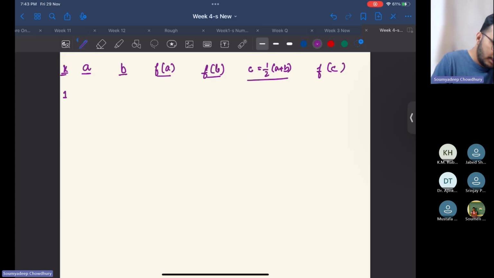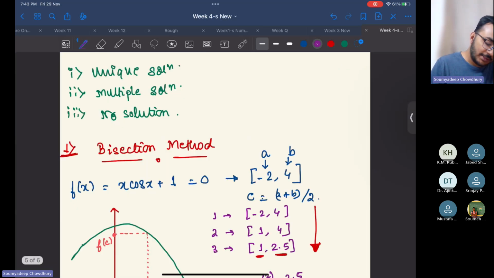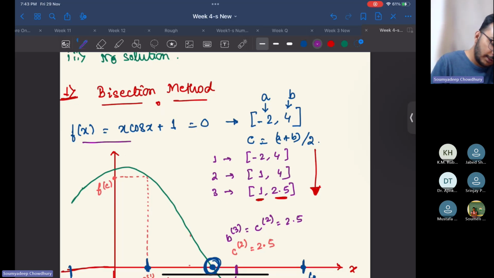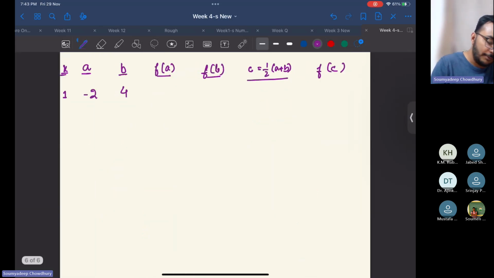So in the first iteration, your A is -2, B is 4. Your function is x cos x plus 1 equals 0, right? So you have to substitute x as -2 and 4, and find f of A and f of B. So f of A is 1.83 and f of B, that is f of 4, is -1.61.